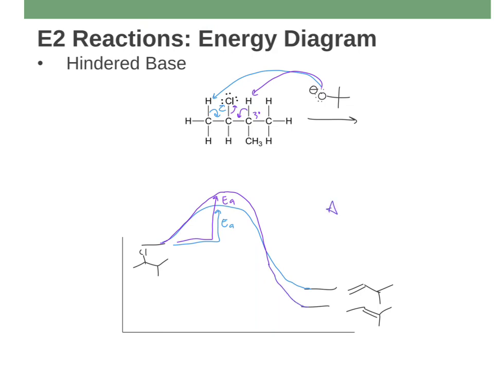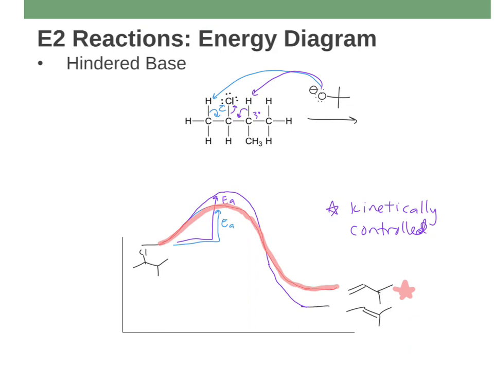So this becomes kinetically controlled, which means it just has the lower activation energy, which is why we get this as our main product. All we're doing is taking the fastest, the easiest route, which leads us to the less stable alkene. But it's just because that hill is lower.